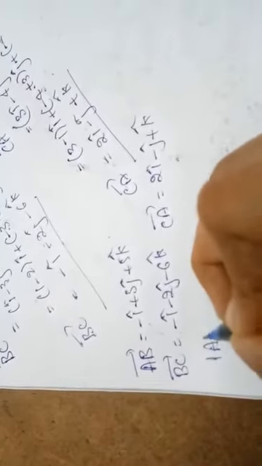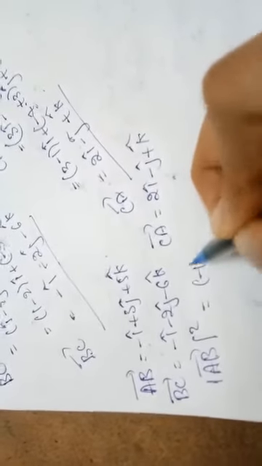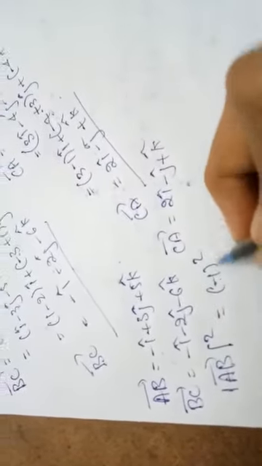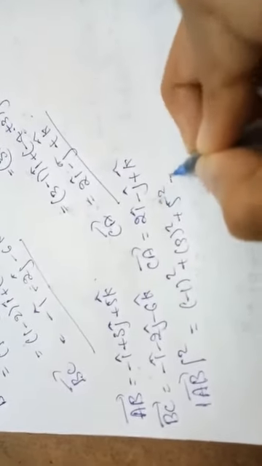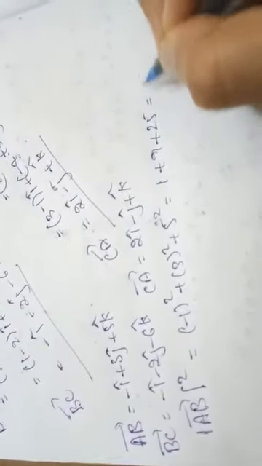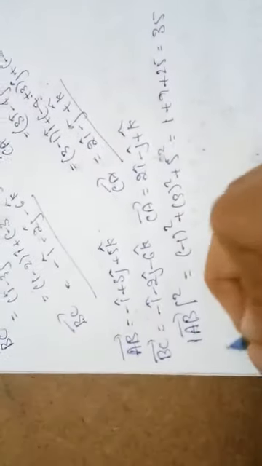Let us find magnitude of vector AB whole square. I am taking the square root to the LHS itself. So minus 1 square plus 3 square plus 5 square. What happens? 1 plus 9 plus 25. It is nothing but 35. So magnitude of vector AB square is 35.